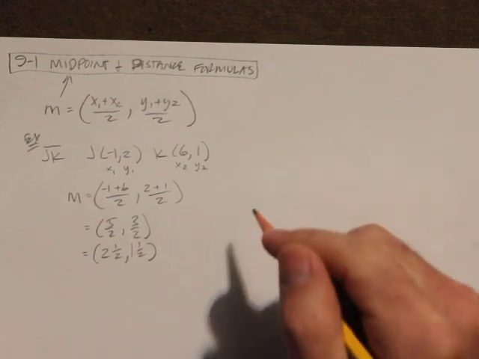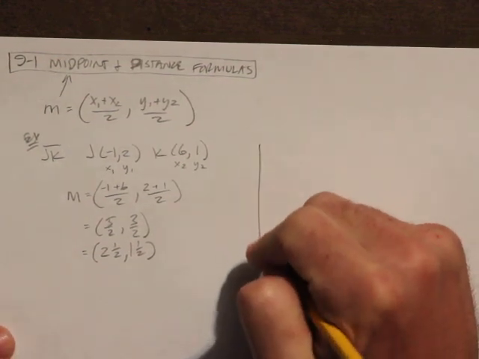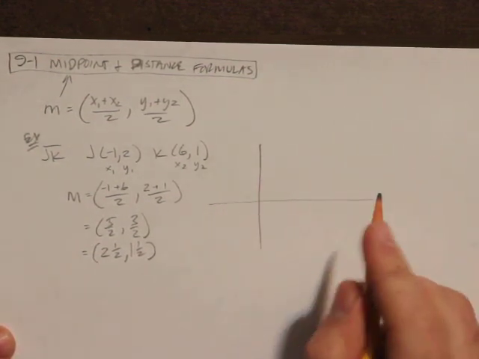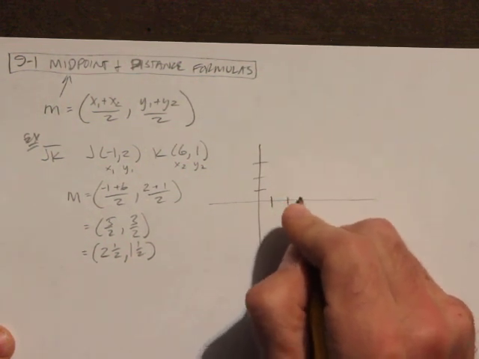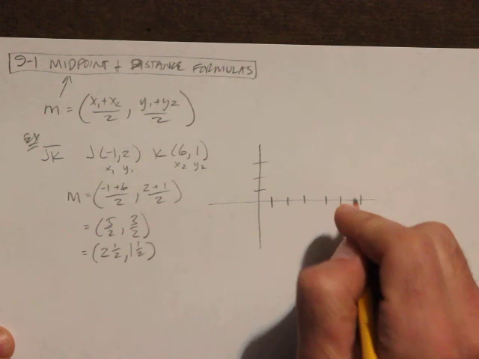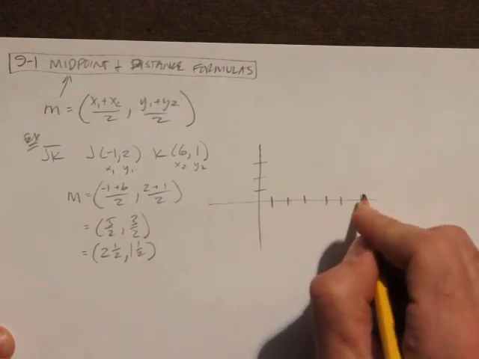So let's graph this real quick and see what we're talking about here with midpoint. So we're going to make fairly large units here. 1, 2, 3, 4, 5, 6. There we go.